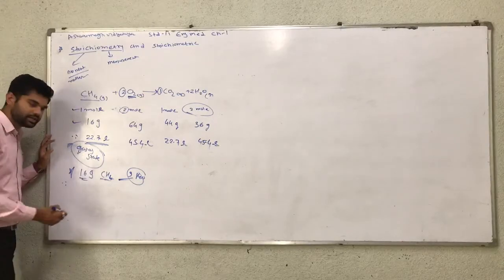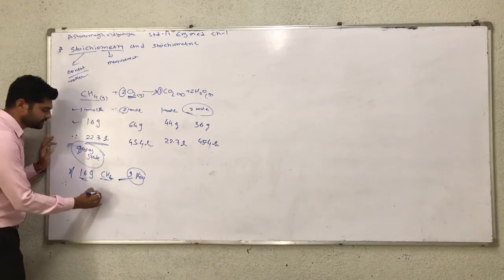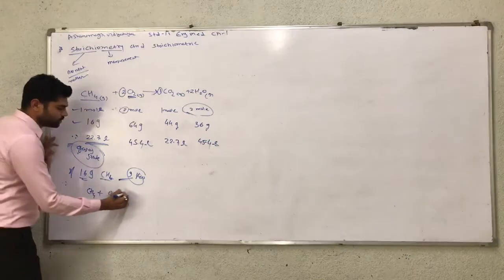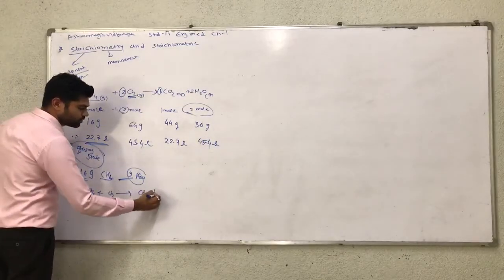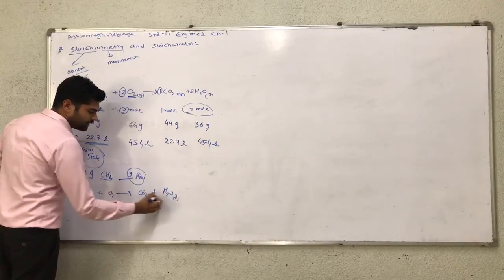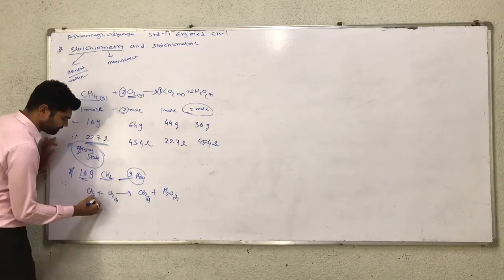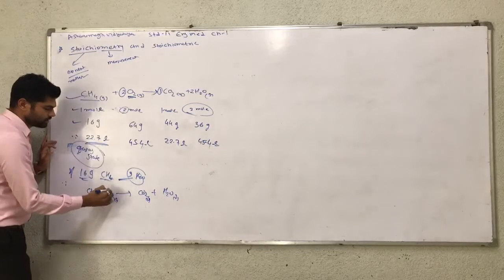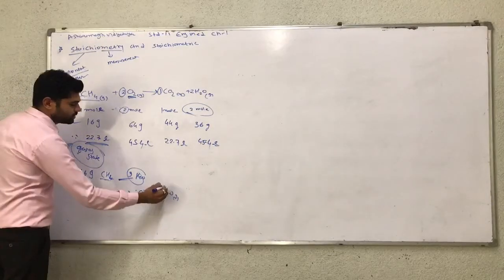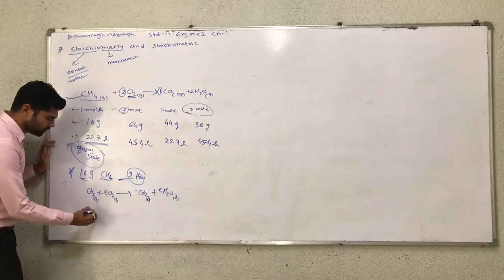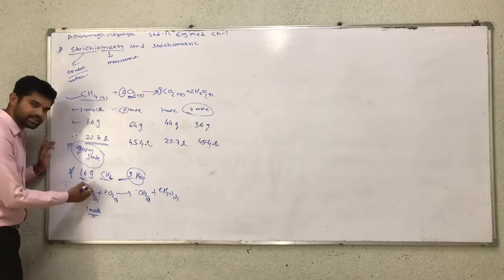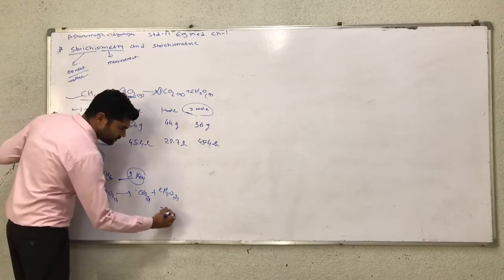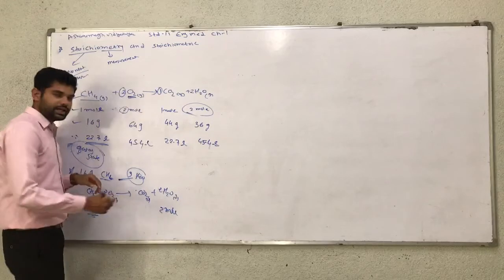So first take the balanced chemical equation. CH4 plus O2 gives CO2 plus H2O, all in gaseous state. So the balanced chemical equation, same as the example: 2O2, then 2H2O. It means 1 mole of CH4 produces 2 moles of H2O.